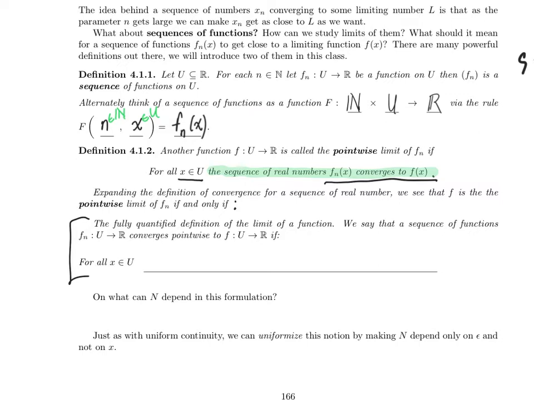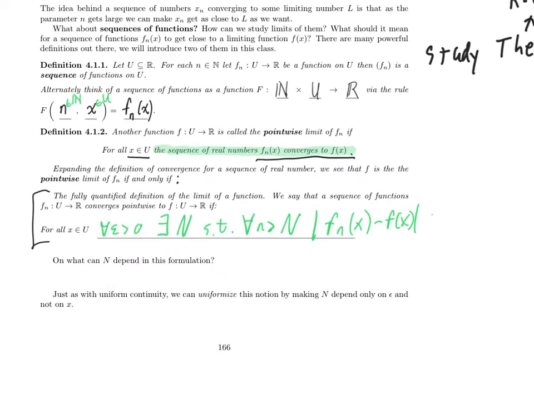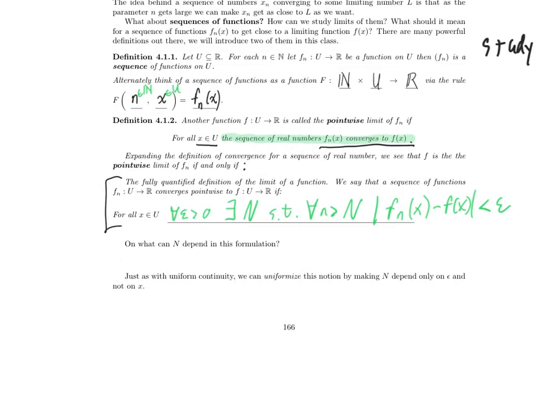We say that a sequence of functions f sub n from U to R converges pointwise to some limiting function f from U to R if, for all x in U, and maybe I'll write this in Greek to emphasize that I mean this, for all x in U, for all epsilon greater than 0, there exists some choice of big N such that for all little n bigger than big N, the absolute value of f sub n of x minus the alleged limit f of x is less than epsilon.